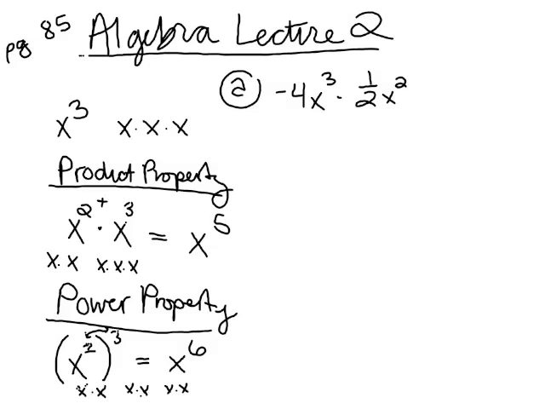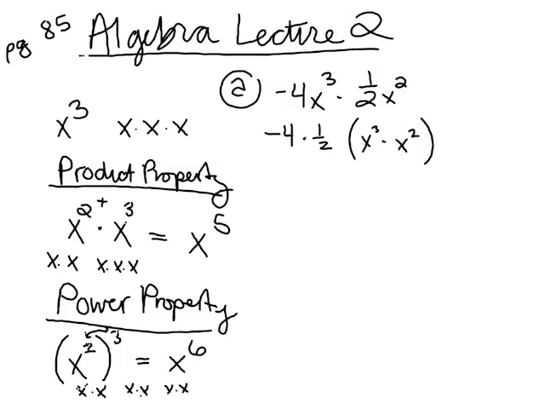Associative property of multiplication. So I want to rearrange this a little bit. I want to put my constant terms together and then my variables together. X cubed times x squared. That makes it a little bit easier to keep track of.